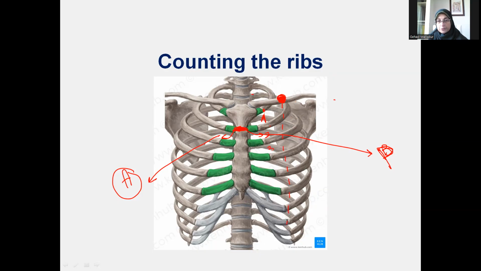Space number 2, space number 3, space number 4, and space number 5. So the apex is present here. The apex of the heart is located in the 5th intercostal space, mid-clavicular line. If you go a bit to the left, at the left sternal edge, but still in the 5th intercostal space, you will have the mitral area.